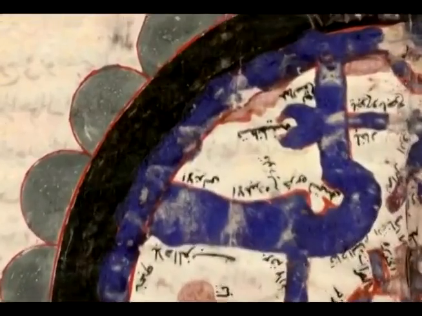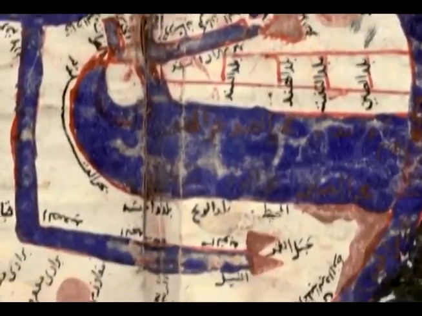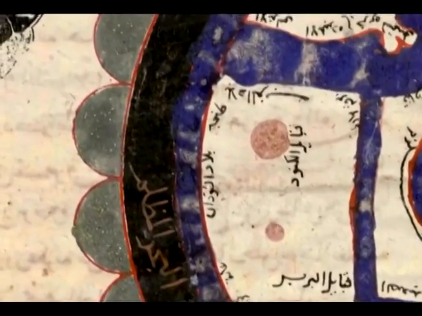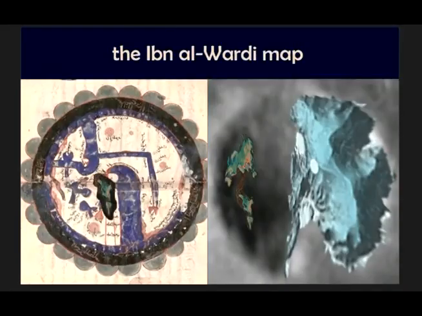But if you compare it with my map, you will see a totally different story, and you will see that this very simple map is a very sophisticated map, and it's very detailed. Okay, let's compare it.